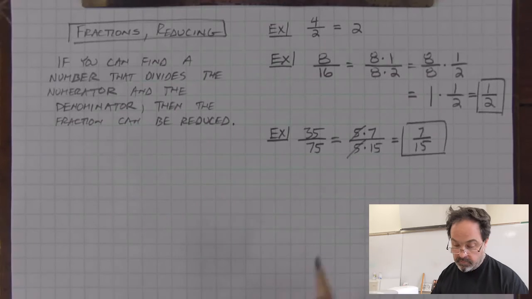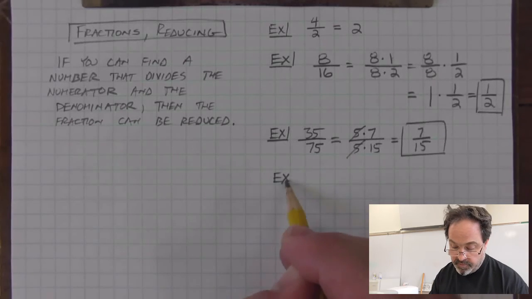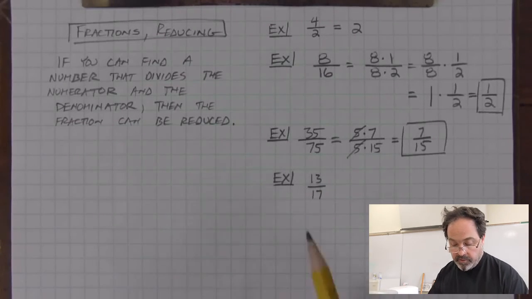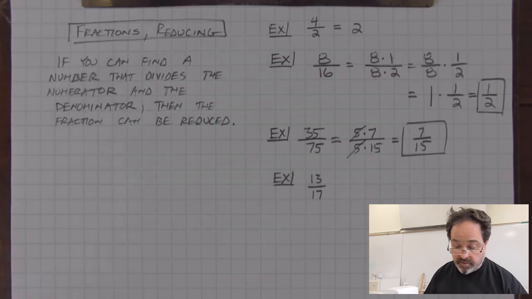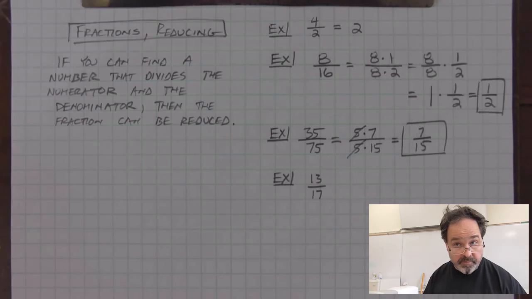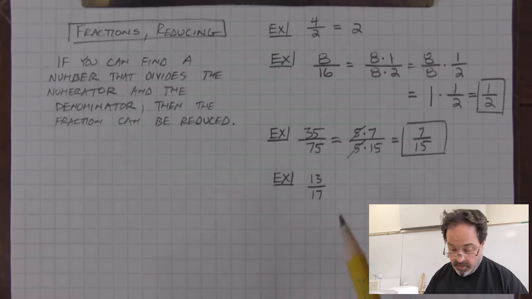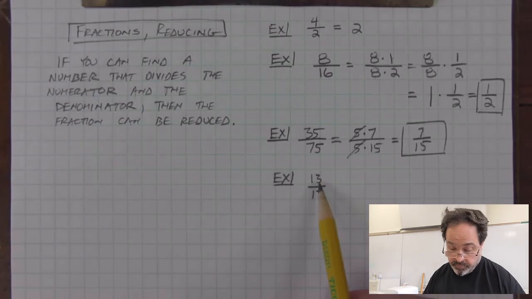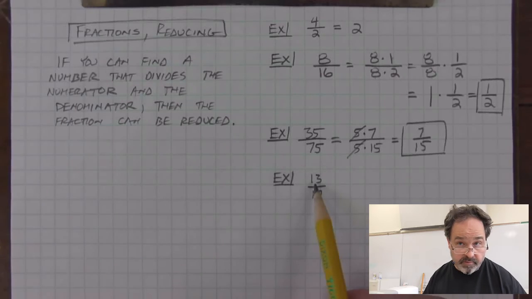Let's see another example, the fraction 13 over 17. If I'm going to reduce this, I'm going to look for a number that divides 13 and divides 17 evenly. Searching for a number, I won't be able to find one. I can't find a number that divides 13. I could try 2, doesn't work. 3 doesn't work.